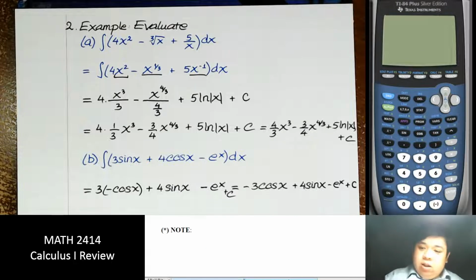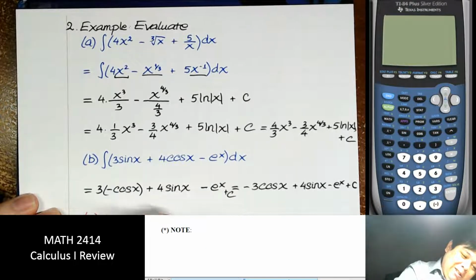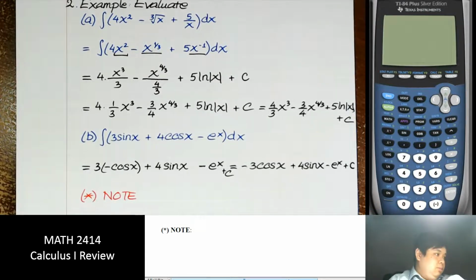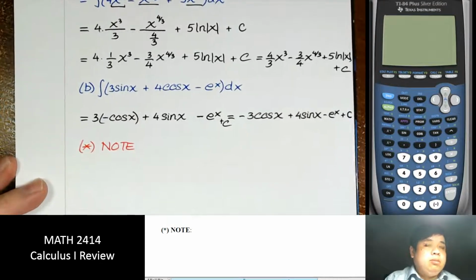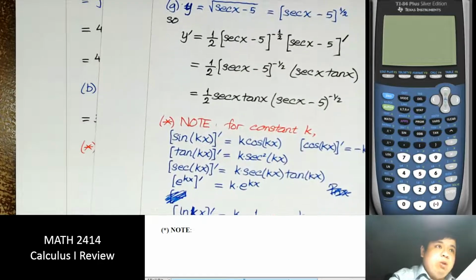Note. What I want to write in this note is similar to what I wrote for the derivative.